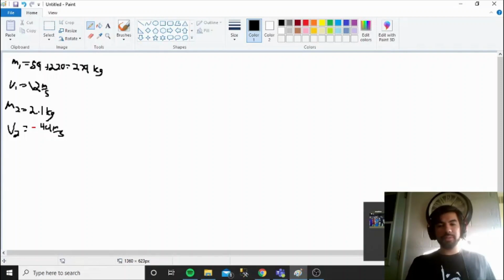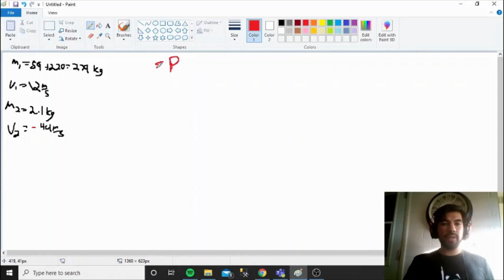Here, when it comes to momentum, even with explosions, elastic or inelastic, it doesn't matter. This is the main idea behind all of them. The sum, that's sigma right here, of the initial momenta is equal to the sum of the final ones.